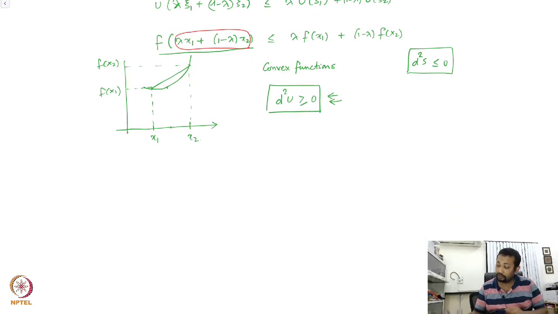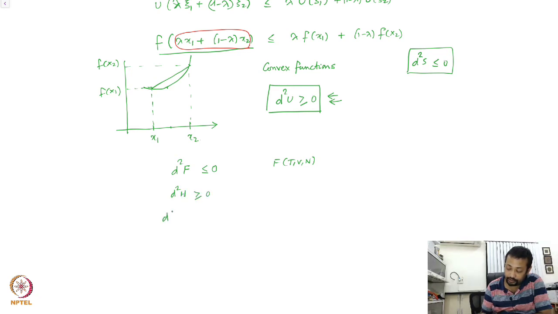Similarly, for the other thermodynamic functions, one can show that for the Helmholtz free energy, d2f is less than 0, f is a function of T, V and N, d2h is greater than 0, d2g is again greater than 0, and d2 omega is again greater than 0.